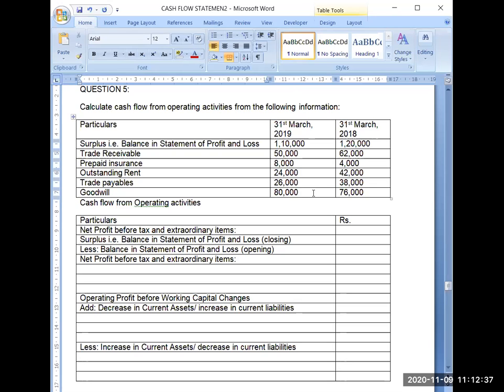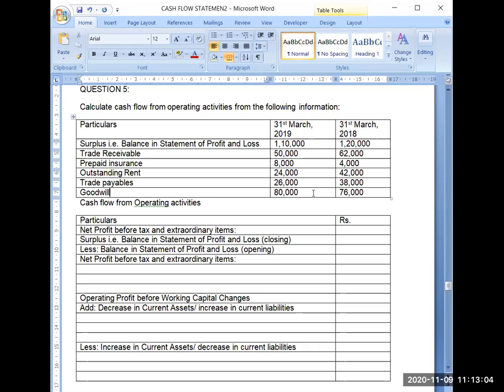So in that situation, it would have been goodwill written off or goodwill amortized. That we will be considering in operating activity because it will be a non-cash expense. But here, because the previous year balance was less than the current year balance, it is actually a purchase of goodwill, and purchase of goodwill will go to investing activity. So goodwill will not be considered here.